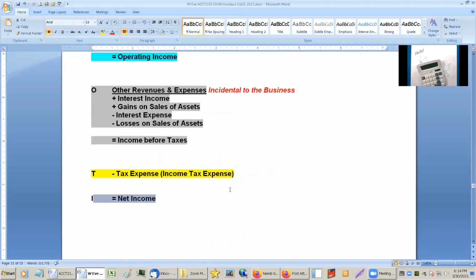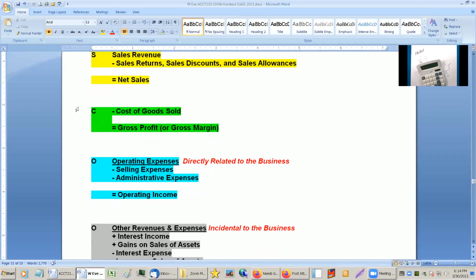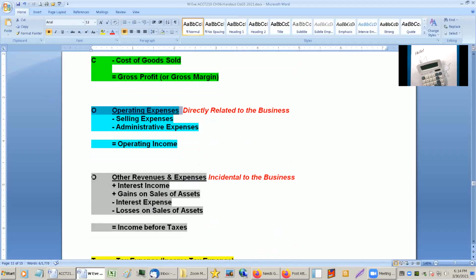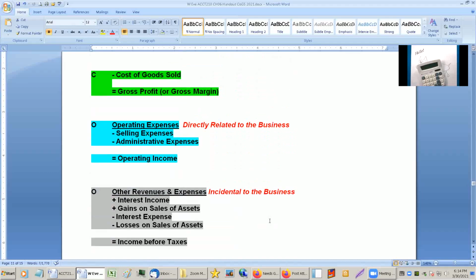It really is the same thing, except that we are splitting up our expenses. We basically split the expenses up into 4 categories: cost of goods sold, operating, other, and taxes. So it really is exactly the same thing we did before, except that we're splitting them up into different categories.